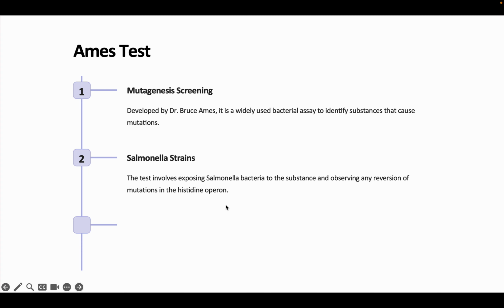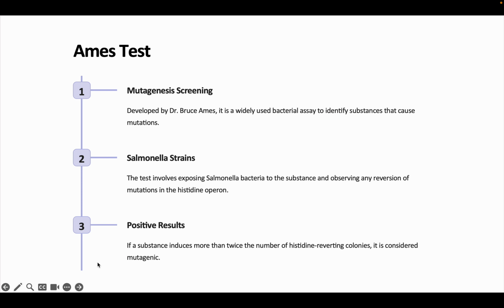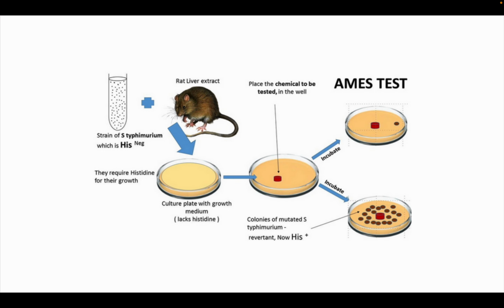Other bacteria can be used, and if a substance induces more than twice the number of histidine-reverting colonies, it is considered mutagenic. If you see more colonies which can grow even though you did not provide histidine, it means that the substance is a mutagen.